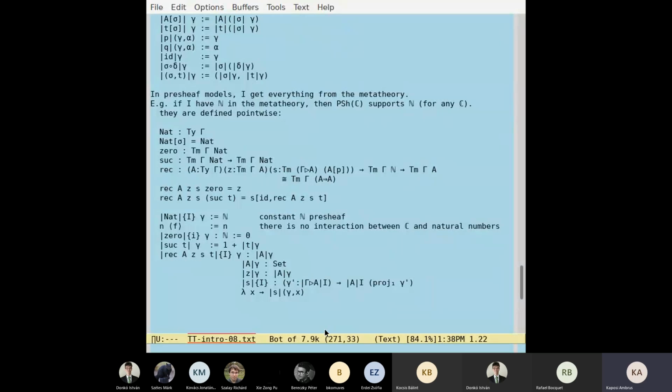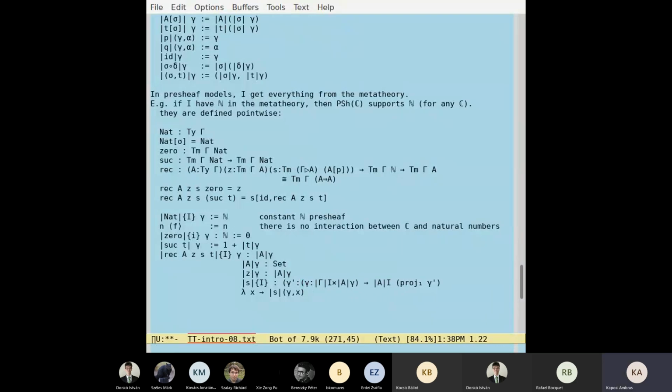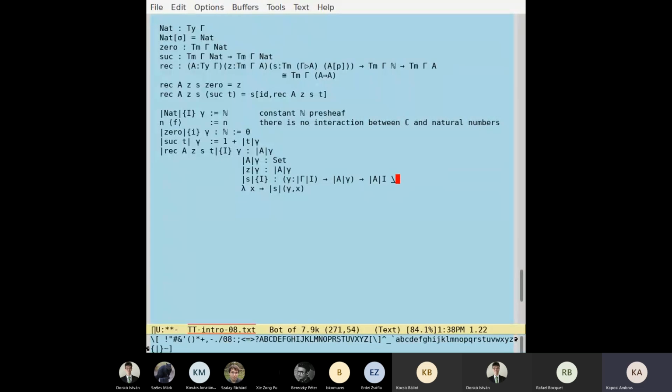So this is the same as a small gamma in gamma at I times A at that small gamma, right? Yeah. Okay. So this is the type of this. I uncurry it, or if I curry it, then it's a bit more readable. So it takes a gamma, and then it takes an A at gamma, and then it returns a gamma.